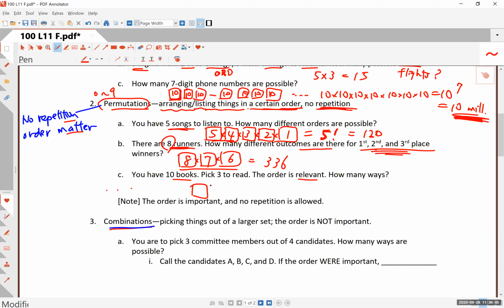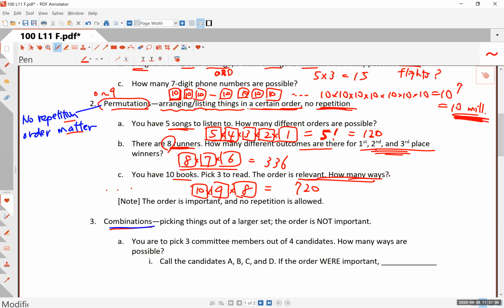So again, you can draw 3 boxes because you are picking 3 books in order, and the order is important. By the way, no repetition. You are not going to read the same book twice. And so 10 times 9 times 8 is your answer. And that's already a large number, 720.